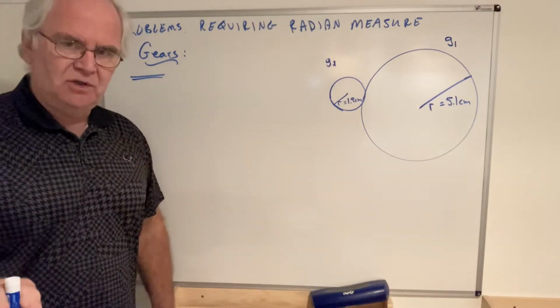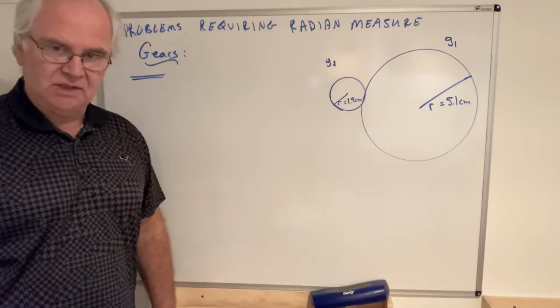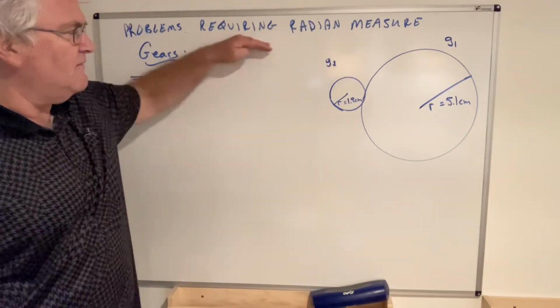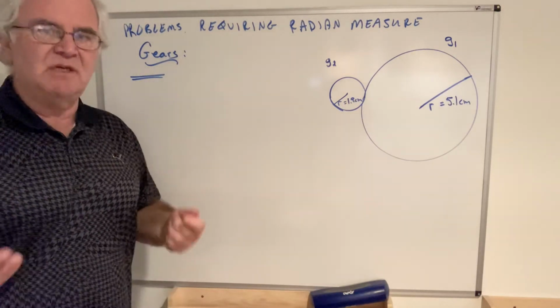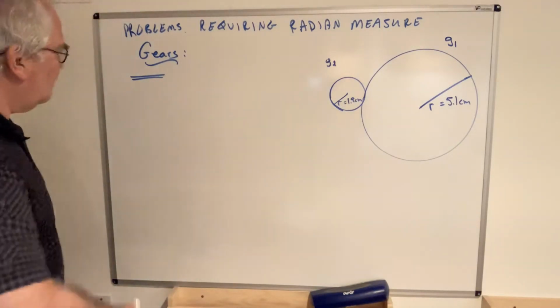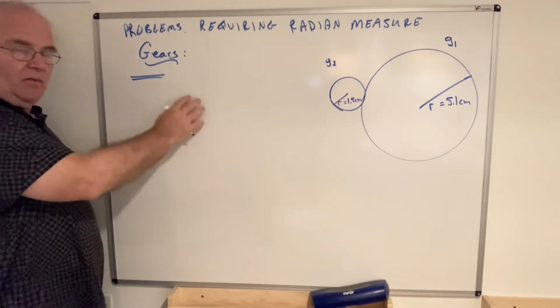If you're given revolutions, you'll be able to find radians. If you're given radians, you should be able to find revolutions. Because very often problems of this type are going to be given in revolutions rather than some specific angle. So this is converting between revolutions and radians.